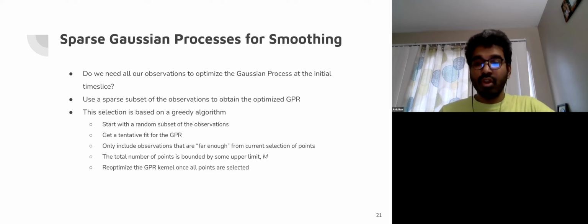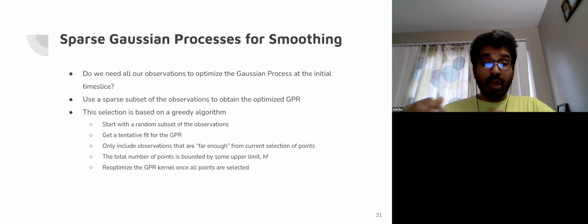At that point, you want to use your observations to calculate the field quantities. If you're using a Gaussian process on the entire set of observations, you will have a very large number of data points, and it will be very hard to do the Gaussian process fitting, because Gaussian processes scale as a third-order polynomial, and that is very expensive.